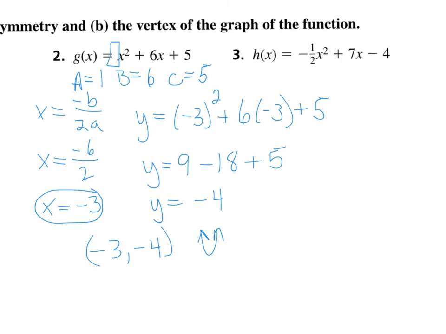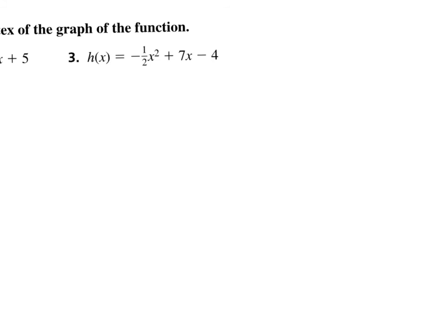Alright, one more to go here. So now, I'm going to pull out my a, b, and c first. I've got an a, that's negative 1/2. A b, that's positive 7. And a c, that's negative 4. So now, we've got to find the axis of symmetry is x is equal to negative b divided by 2a.